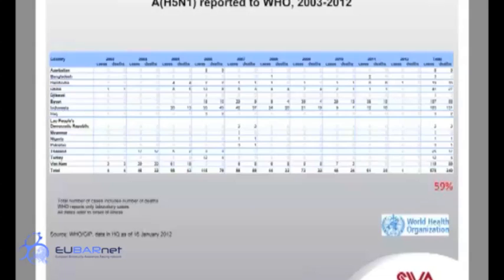But why then is this virus so important and these results so controversial? This is a summary of the cases in humans where you have infected men and the number of deaths.